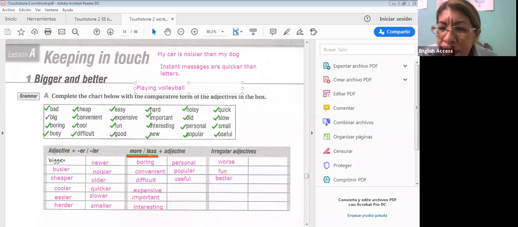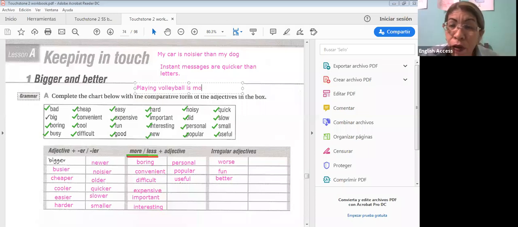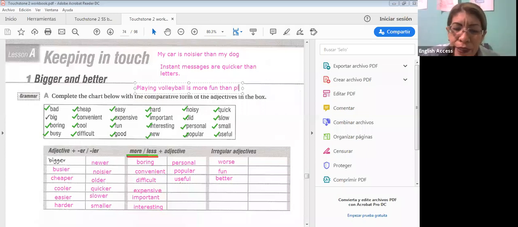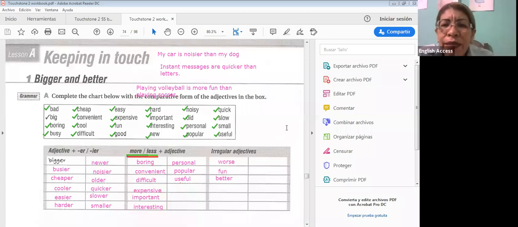Fun is an irregular adjective. So playing volleyball is, we can say, more fun than playing soccer, because we're comparing two things. It's more fun than playing soccer. More fun than playing soccer, okay?